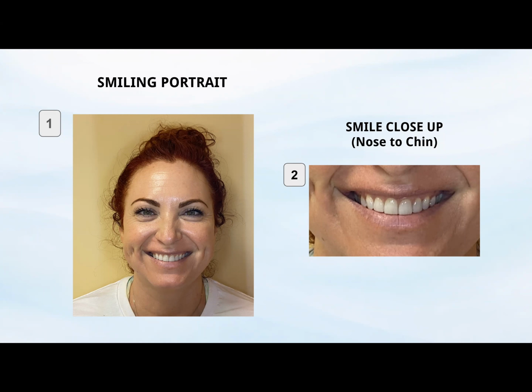And then from that, we can either crop the second picture that we need for the series, which is the smile close-up, or the nose to chin, as we call it. You can do it by cropping it, or you can actually get a little closer or zoom in so that we can get a better definition. I would prefer to zoom in than having to crop it from the first picture.